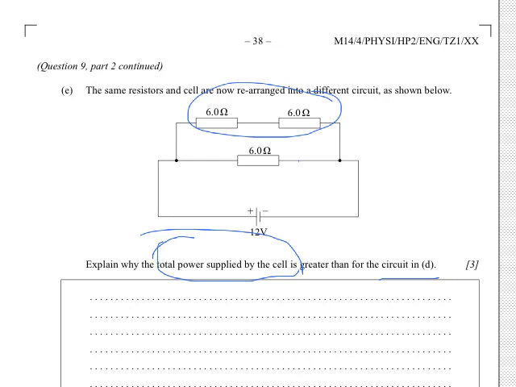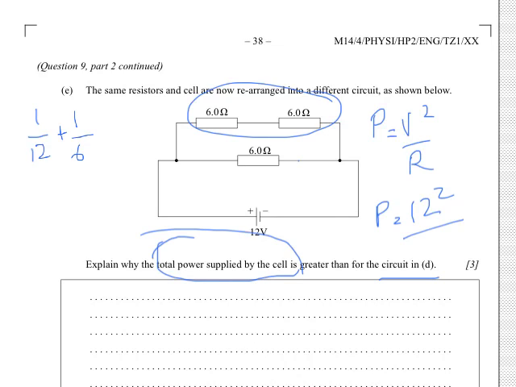So if you work out the power again, we're going to use the same relationship, V squared over R, with V equal to 12. But this time the total resistance would be 1 over 12 plus 1 over 6, which will equal 1 over 4. So we have 4 ohms in total.